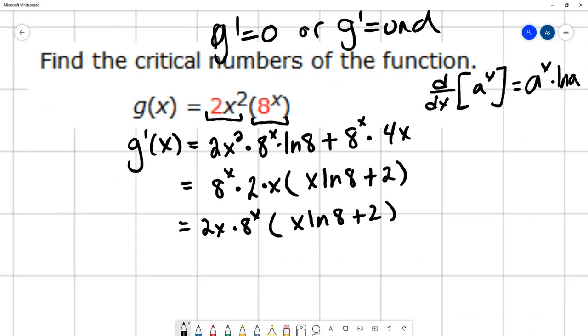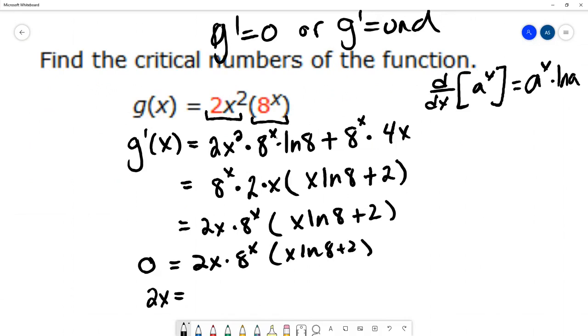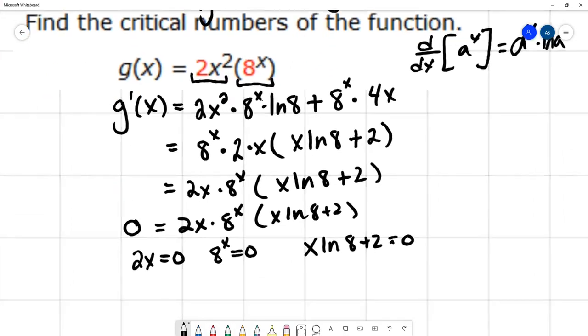So the critical numbers are going to be when this derivative is equal to 0. So let's set it equal to 0. And if I set each factor equal to 0, I've got 2x equals 0, 8 to the x equals 0, x ln 8 plus 2 equals 0.